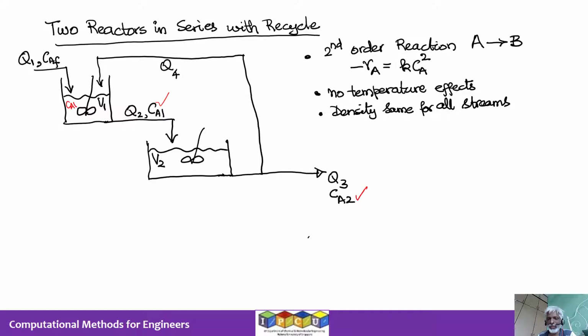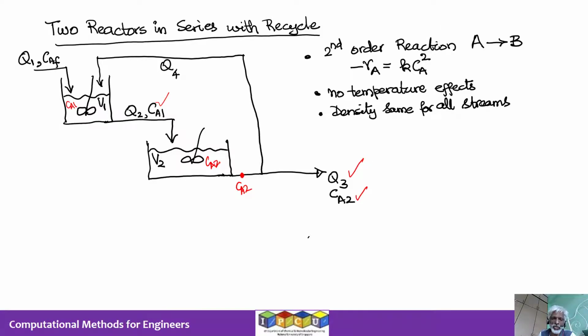That's the product stream that is drawn out with a volumetric flow rate of Q3. Since this is Ca2, we assume there are no delays in the pipe, etc. Right? We assume fairly short pipes. And therefore, the concentration here is going to be Ca2, as well as the concentration inside the vessel should be Ca2, because what comes out of reactor 2 is from what is inside reactor 2.